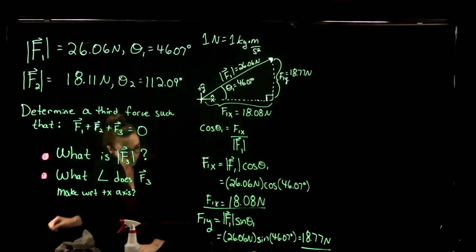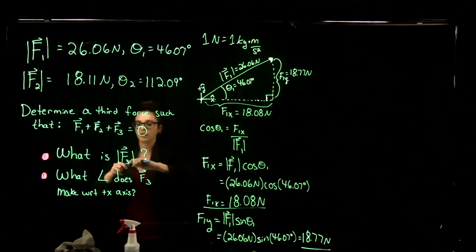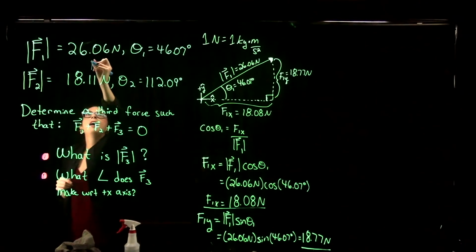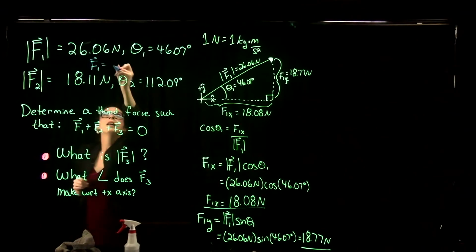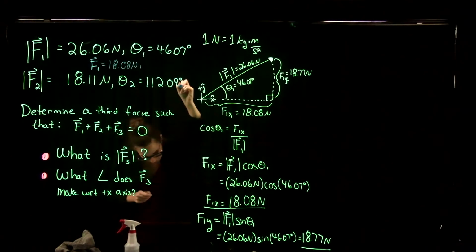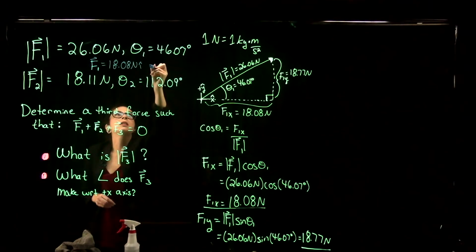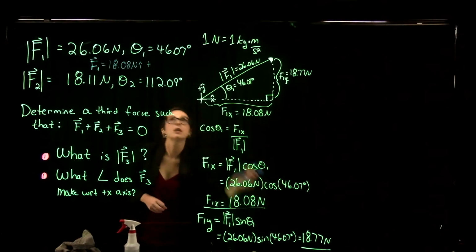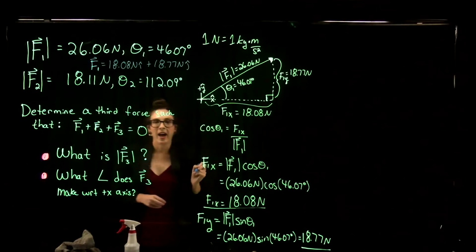If we write F1 out in vector notation, F1 is equal to 18.08 newtons in the i hat direction, plus 18.77 newtons in the j hat direction.